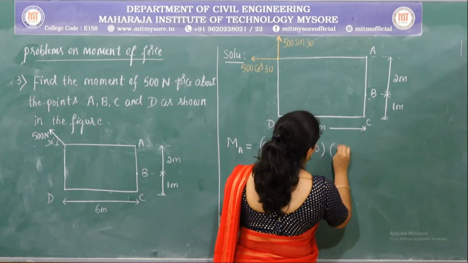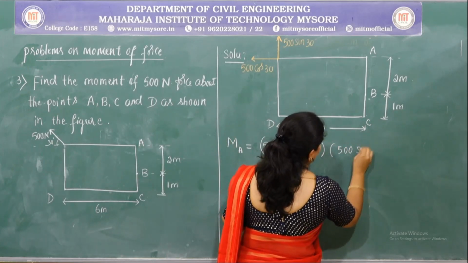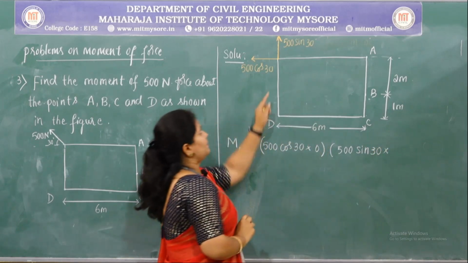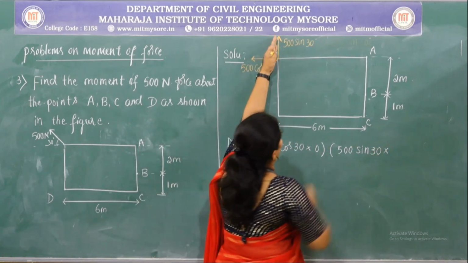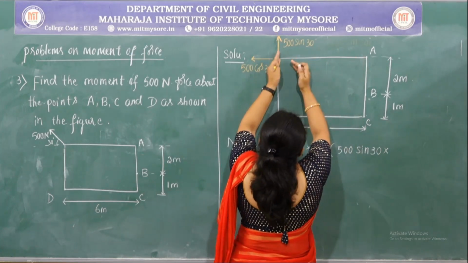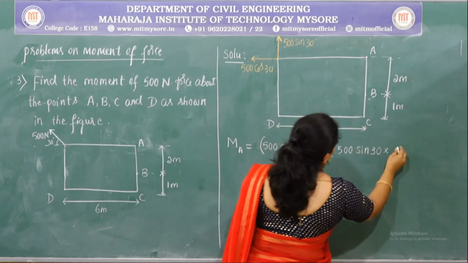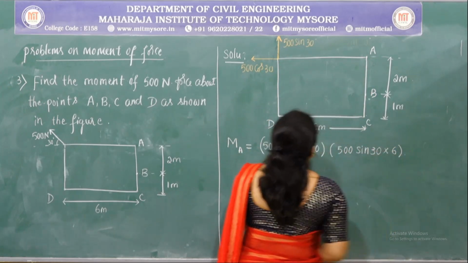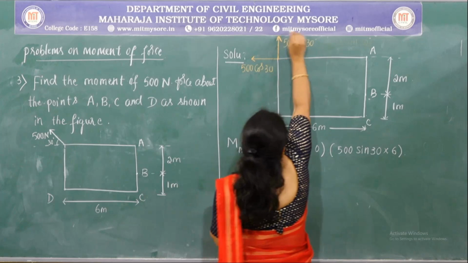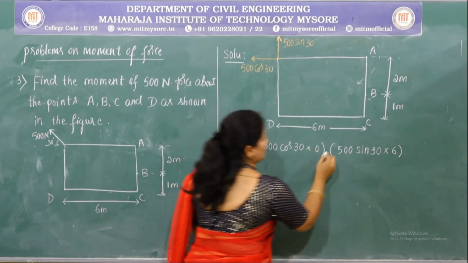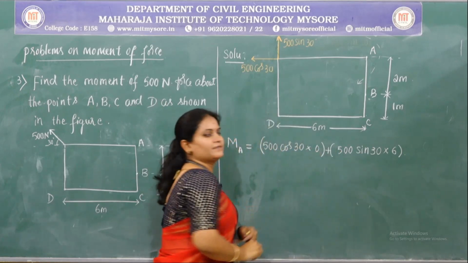Next the y component, that is 500 sin 30, multiplied by the perpendicular distance between the force and the point. Here is the force, and this is the perpendicular distance, that is 6 meters, and this will produce a clockwise moment about point A, therefore this is positive.